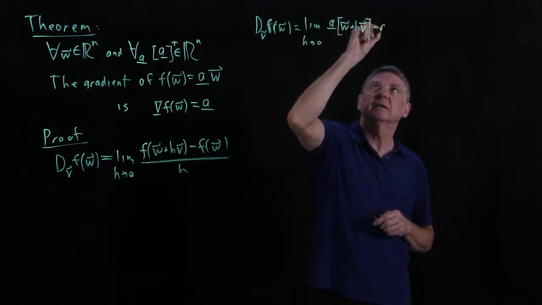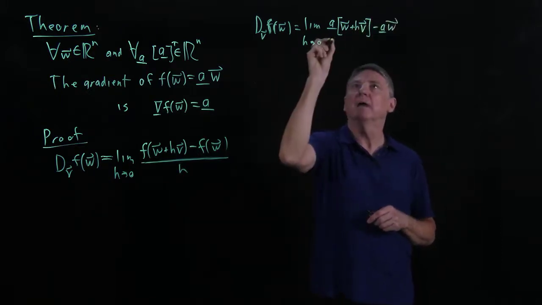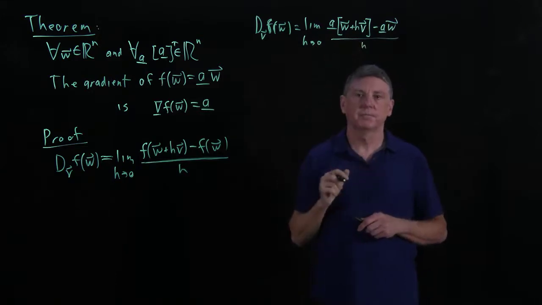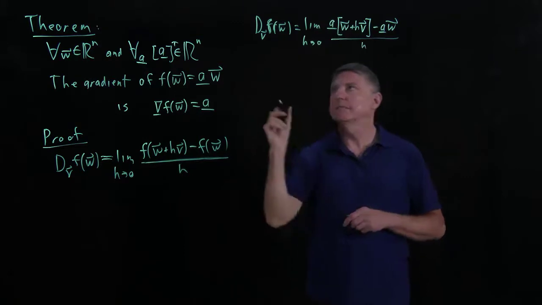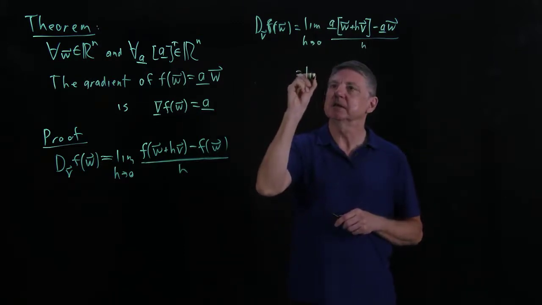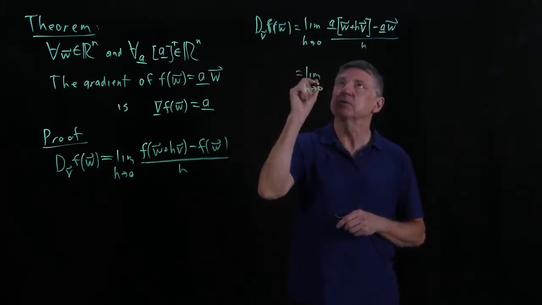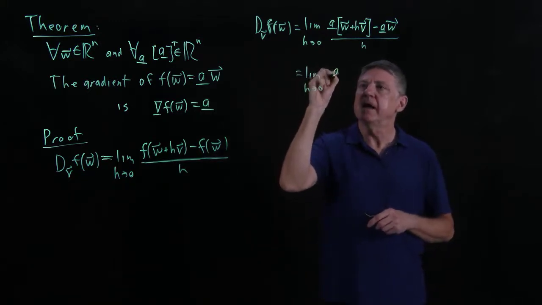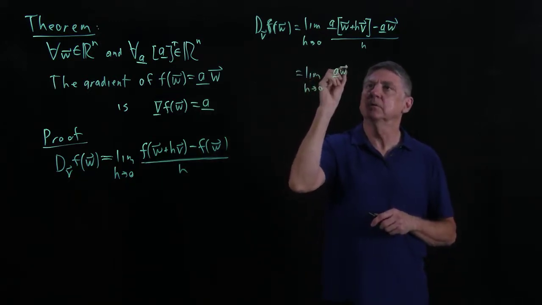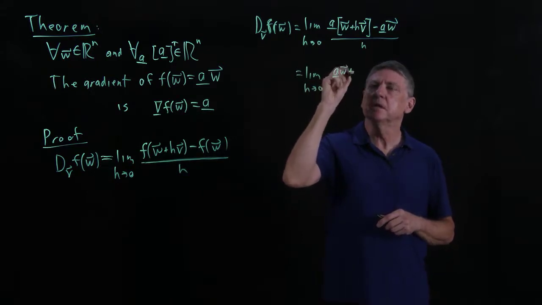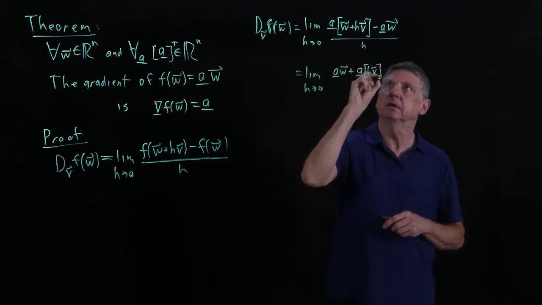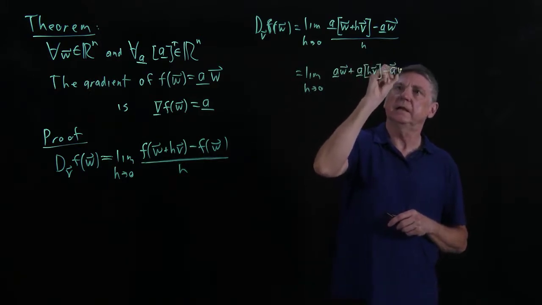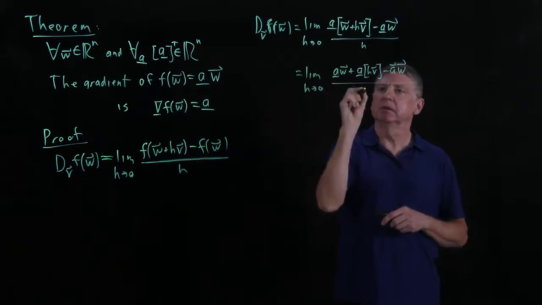We subtract the function, which is a w, and we divide by h. Now let's distribute this one form across that vector sum. So that is the limit as h goes to 0 of a w plus a times hv minus a w divided by h.